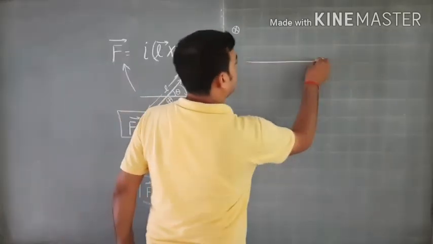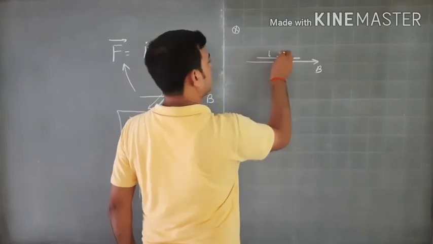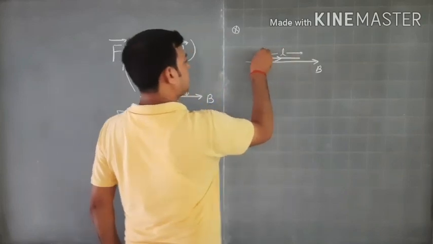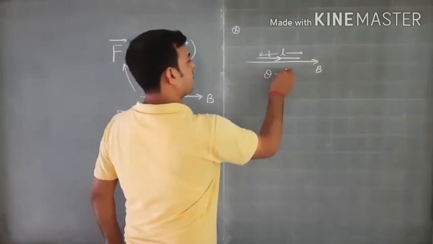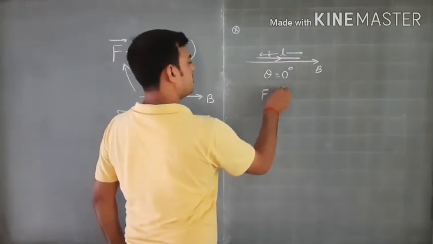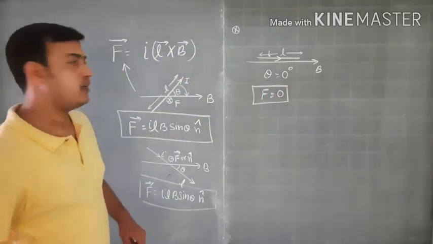Now if my wire is placed parallel to the direction of magnetic field, then theta is going to be 0, and the force acting on it will be 0, as sine 0 is 0.